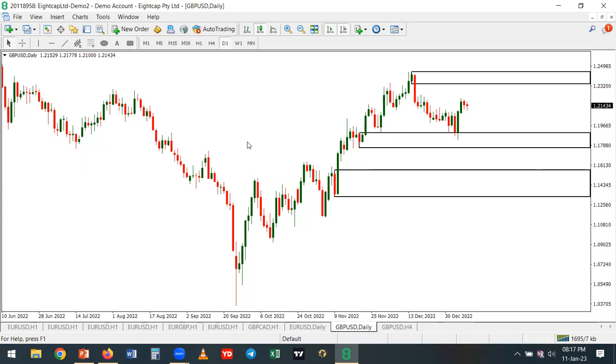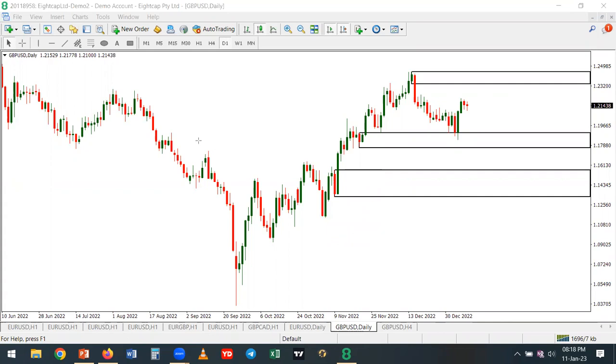Now, for this particular one, which is the last one below, this here is the last bearish candle before this bullish move. So this is the order block. Now the question is one, did the order block break a market structure?